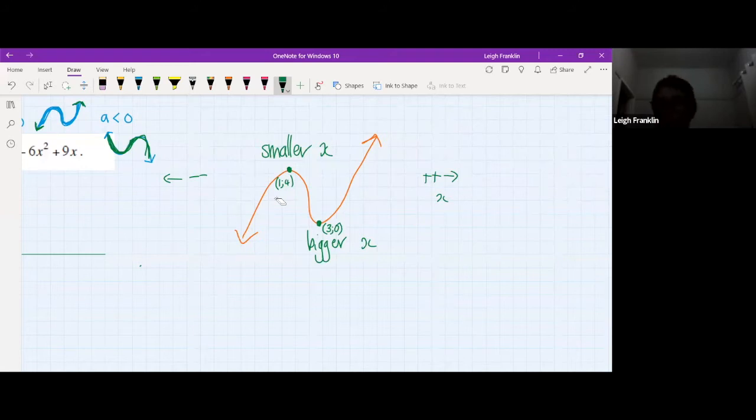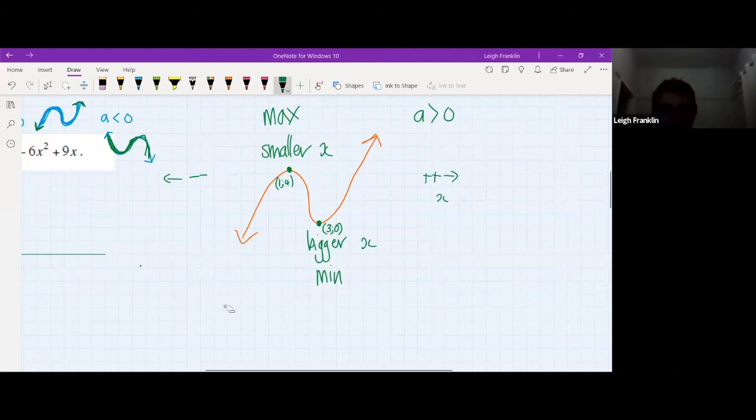So my local maximum is going to be my smaller value of x when the graph is concave down and then concave up. So in other words, when a is positive. Okay, and my minimum is going to be here at my bigger x. Does that make sense, everyone?